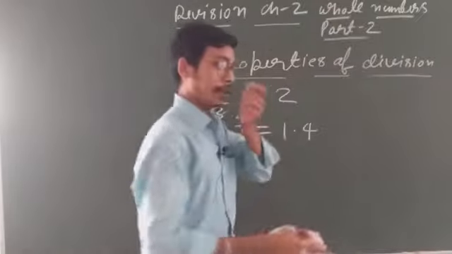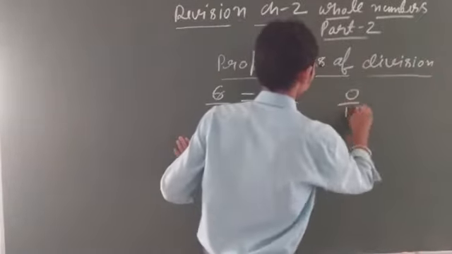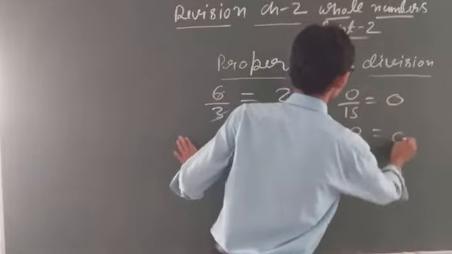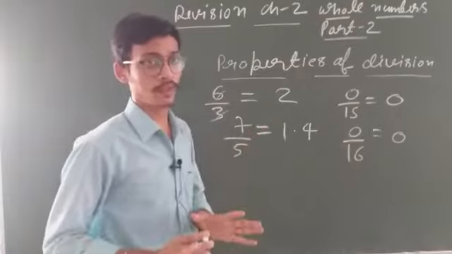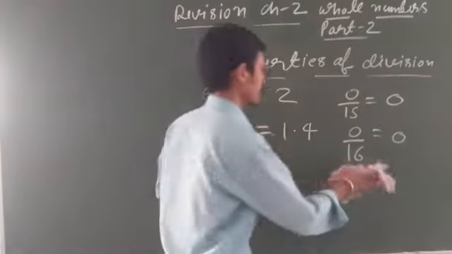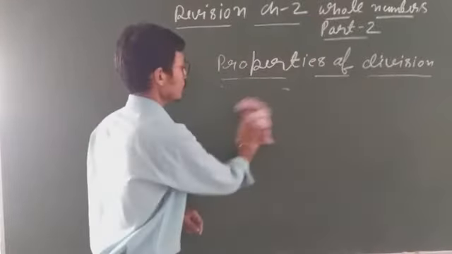Okay? And if 0 is in the numerator, so it is also 0. Okay? If 0 is in the numerator, so it will give 0. Clear? So only this rule is applicable for division, but there is nothing like this for multiplication. For example, multiplication, you know that, student?